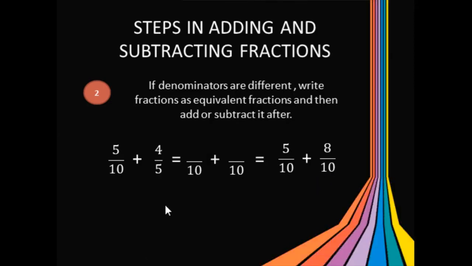So look at this one. We write 5 plus 8 is equal to, okay, good job, 13, and copy 10, which brings us to 13 over tenths or 13/10. Can you follow so far? Alright, let's move to another example.